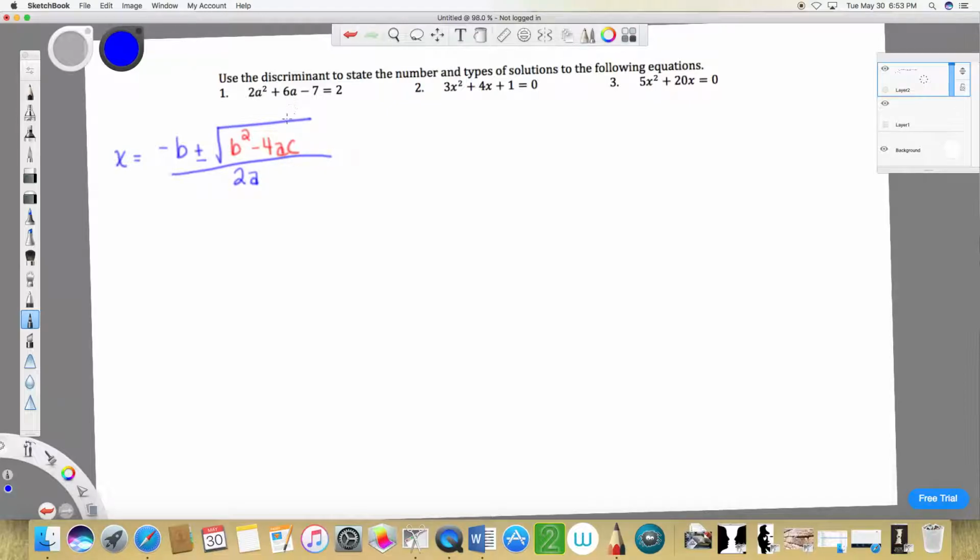All right, so let's take a look at number one. It's not in standard form. So before we identify A, B, and C, now the variable is also A, which is not one of our constants A, B, and C in here.